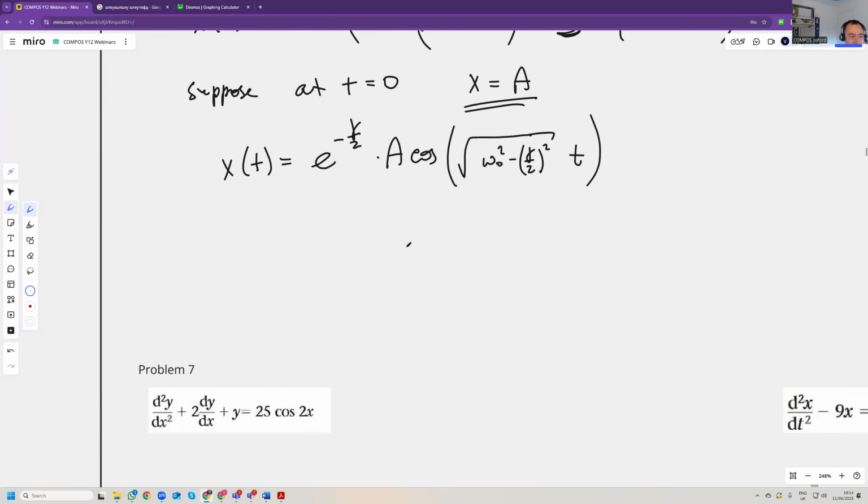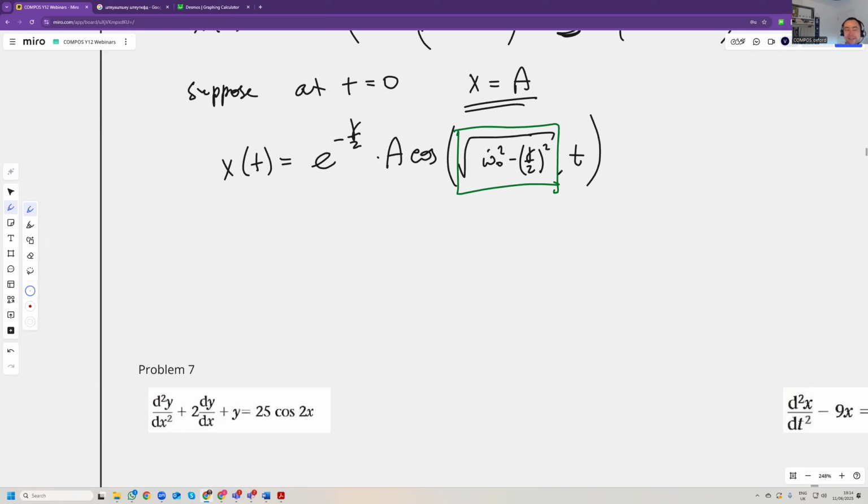If you draw this graph, you can see that this is a cosine curve. This is the angular frequency. So because the system has damping, the frequency would be slightly less than omega 0. Omega 0 is the frequency with no damping.